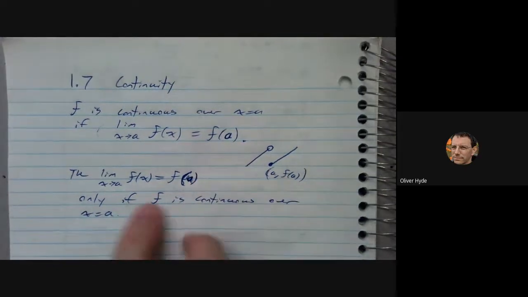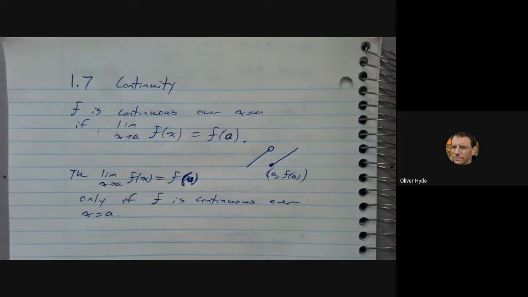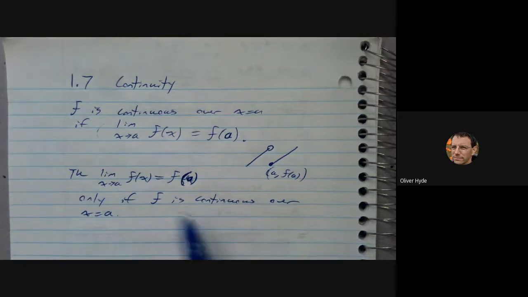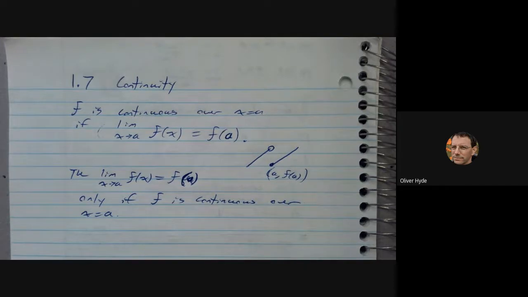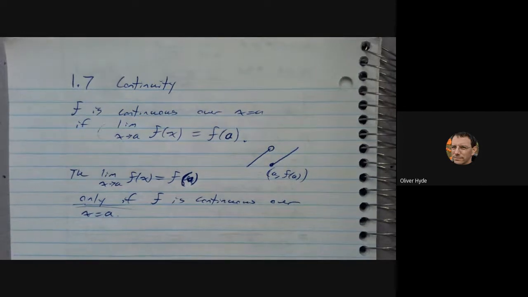This is pretty much what we've been trying to do when we get our expression that we're trying to take the limit of into a determinate form. The determinate form is like a form for which the relationship is continuous over x equals a, or it's an alternative relationship that doesn't have that discontinuity, so that we can use this property to evaluate it. So only if, review that fact.